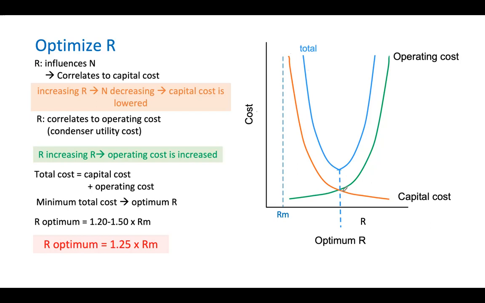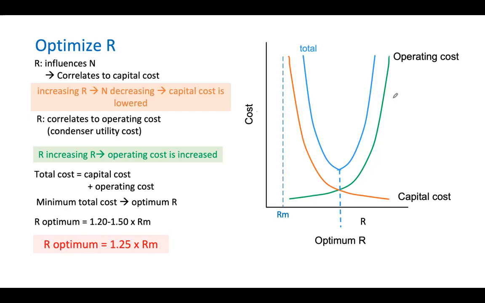However, if we increase the reflux, look at the green one here, the operating cost increases exponentially. What is the operating cost? The vapor must be condensed, so there is the condenser cost: you need cooling water moving around with a pump.